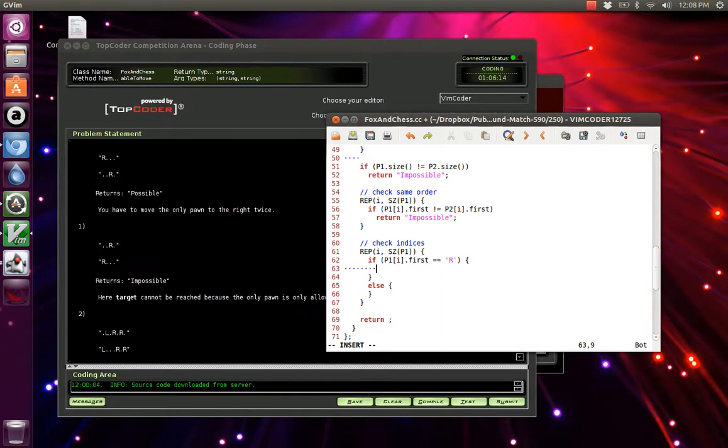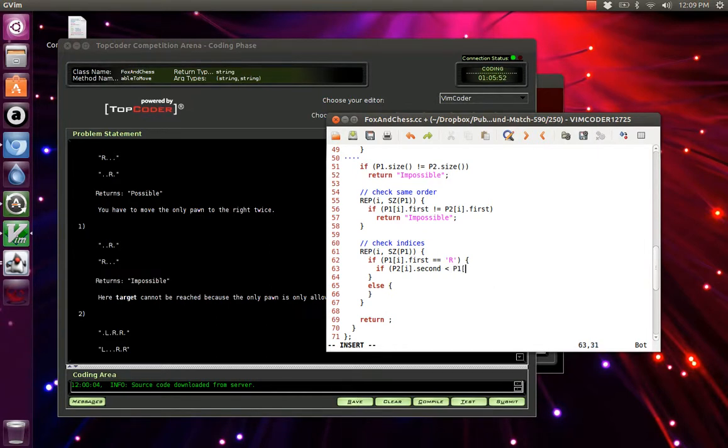So I need to make sure that the index on P2 i is greater than the index at P1 i. Why? Because I cannot go to the left, right?